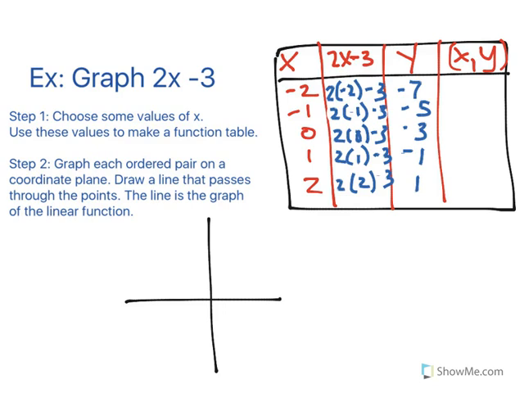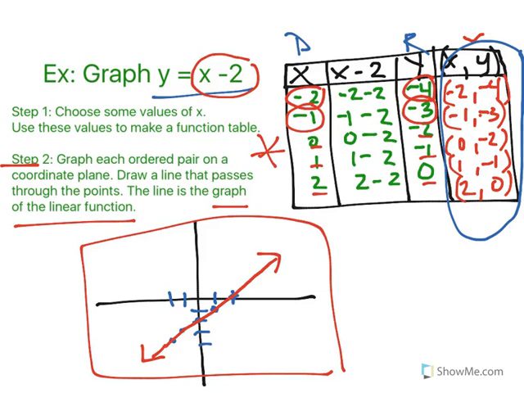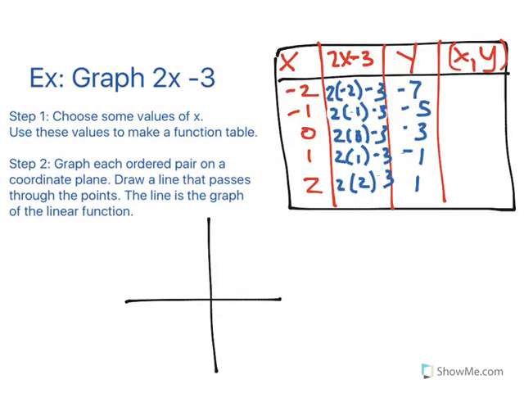Do you see that there's a pattern of it going up 2 every time? Just like in the last example, there was a pattern. When you see a pattern, just like when we talked about arithmetic sequences, because these are all arithmetic sequences, it's going to form a line. If you don't see a pattern, you did something with the math wrong.